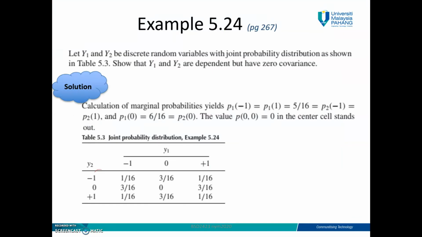Now we look at example 5.24, page 267. So let Y1 and Y2 be discrete random variables with joint probability distribution as shown in table 5.3. So this one, show that Y1, Y2 are dependent but have 0 covariance. That means Y1 and Y2 there is a correlation. Okay, they are correlated, but the covariance of these two random variables is equal to 0.